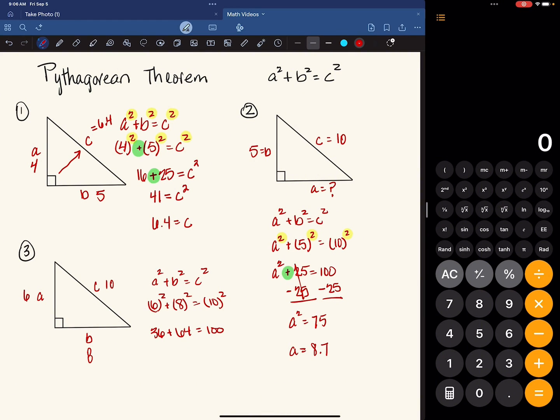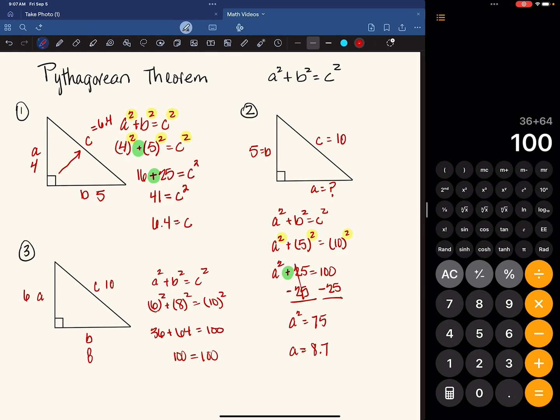All right, so let's add these two. 36 plus 64. Okay, I got 100. So 100 equals 100. When you get to the end, notice I didn't have to take the square root. The reason is there's no reason to find your square root because you're just squaring the numbers up top to see if they equal the same thing.